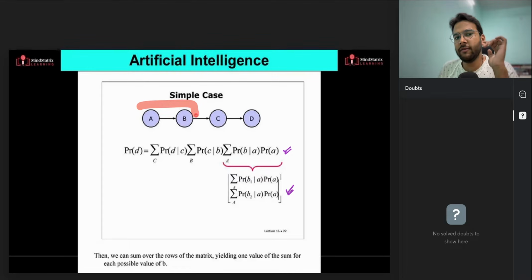If somehow I can find this particular value, then I can find this one. Similarly, if somehow I can find this particular value, then I can find this one. Why? Because B is conditionally dependent on A, right? So what I'm trying to do here is eliminate the variables one by one, and I'm going to keep each as a factor here.